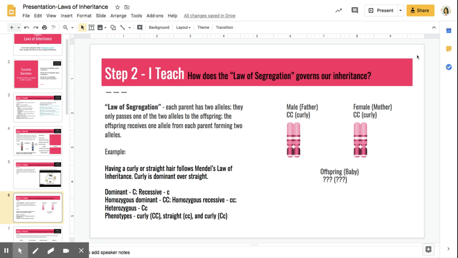In this video, we're going to explain how the law of segregation governs our inheritance.